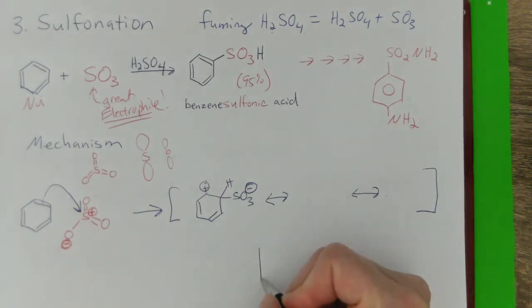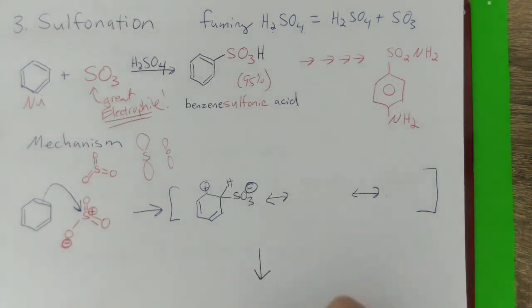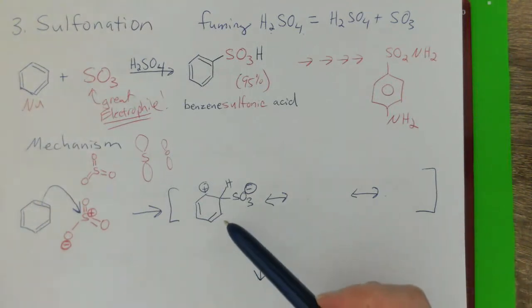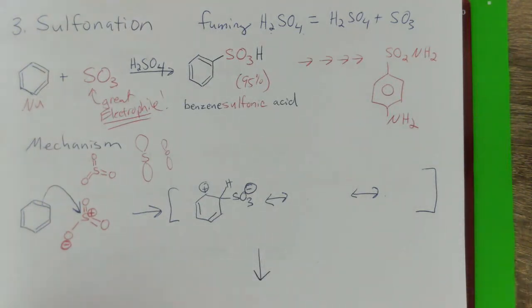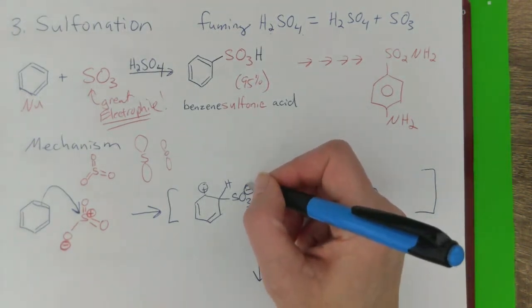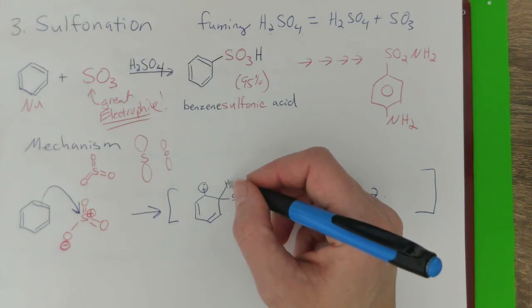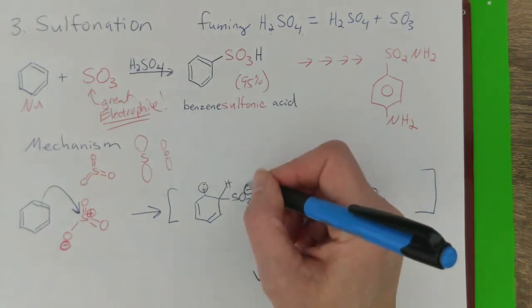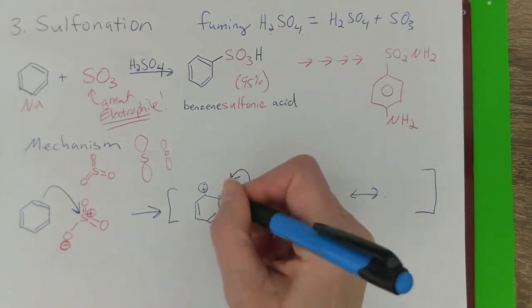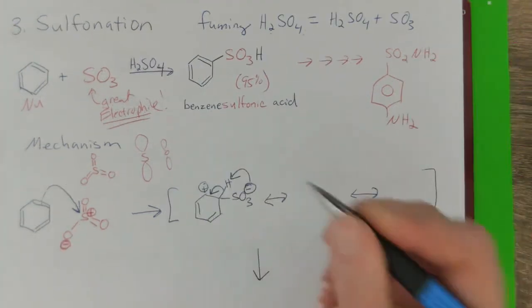And then in the next step, I'm going to do this a little simpler than how Klein does it. Klein breaks this piece down into 2 steps. I'm going to break it down into just 1 step. You can use either way on an exam. So what I like to do is just pull off this proton from this negative charge here. I'm going to pull off the proton. I'm going to restore aromaticity like this.